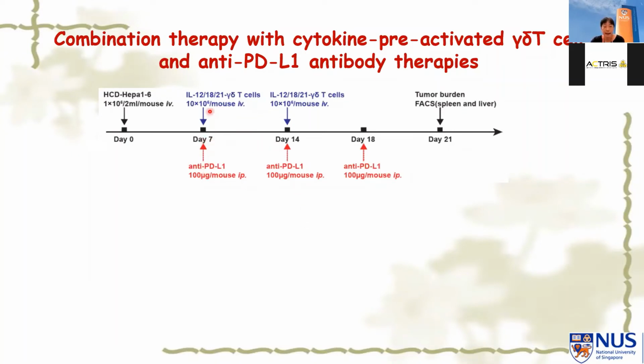So since our gamma delta T cell single therapy is not that impressive, we're also a bit worried because these gamma delta T cells also have PD-1 expression, okay, so they could be easily inhibited by this PD-1, PD-L1 interaction too. So we decided to combine that with the PD-L1 antibody therapy in our mouse model.